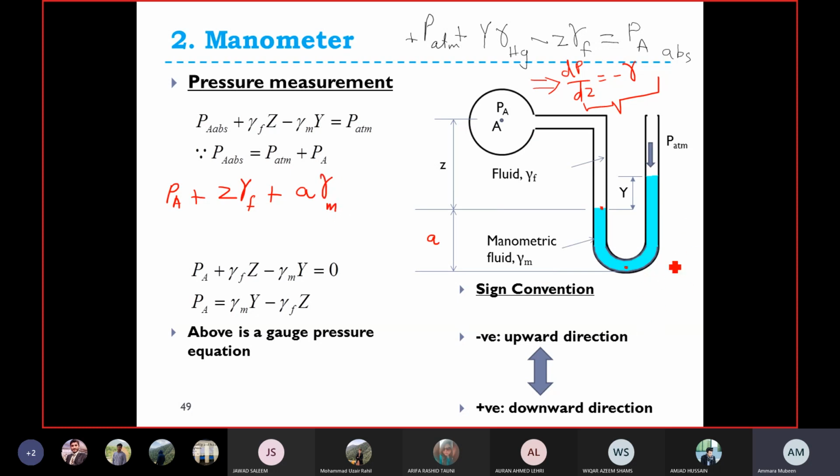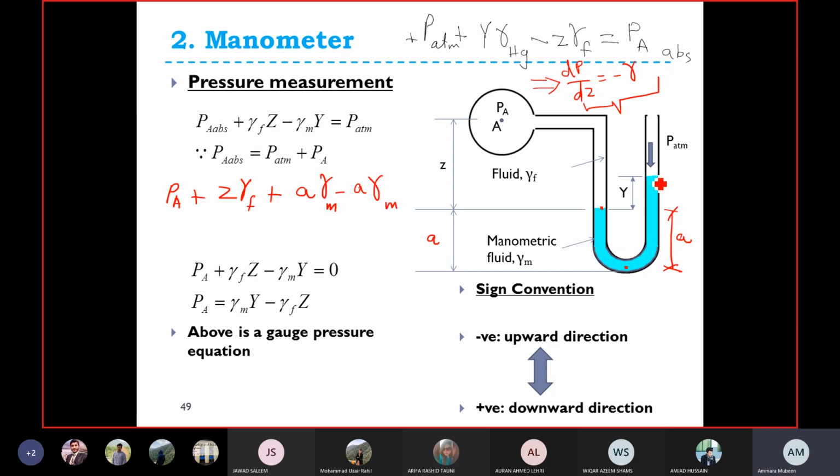Then again, now I'm going upward up till this point. From here to here, the length is A. Since I'm going upward, I'll put a negative sign: minus A multiplied by gamma m. If the liquid is the same in the tube and in the U-shaped part, you can just cancel the pressures obtained from this depth of U. So this would be cancelled out.